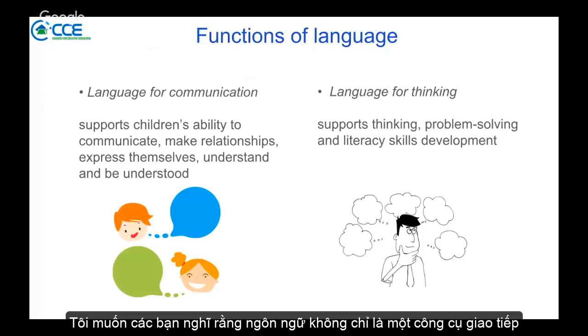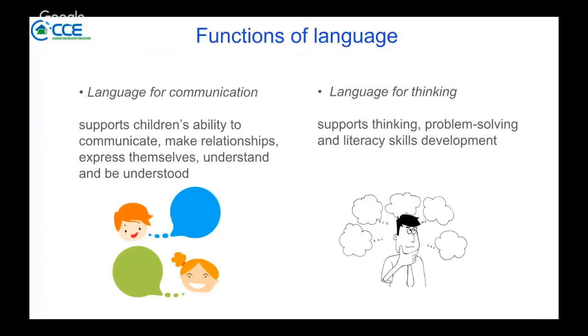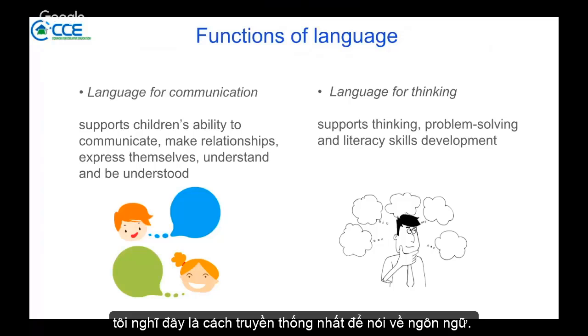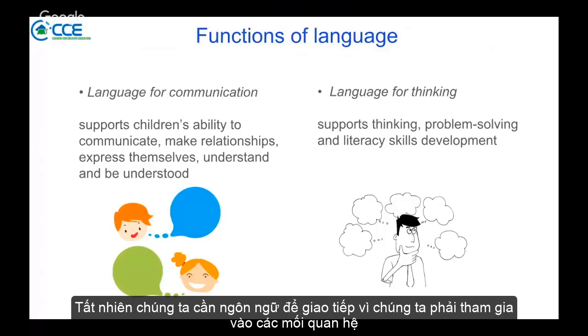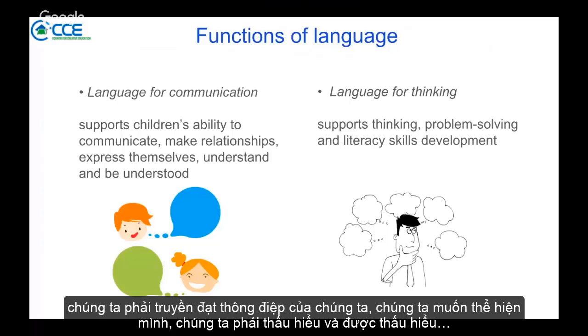I would like you to think of language as not only a tool for communication. I think this is the most traditional way to think of language, that we need language for communication. Of course, it is so. We need language for communication because we have to engage in the relationships, we have to communicate our messages, we have to express ourselves, we have to understand and be understood.